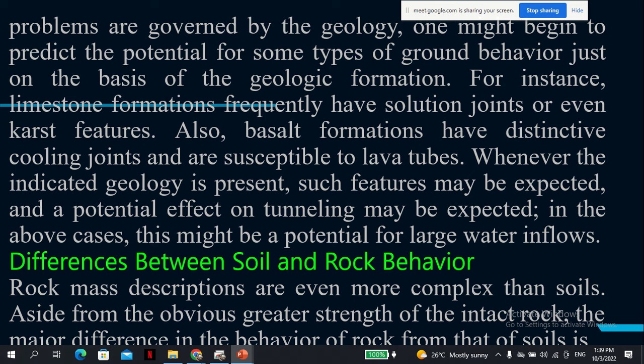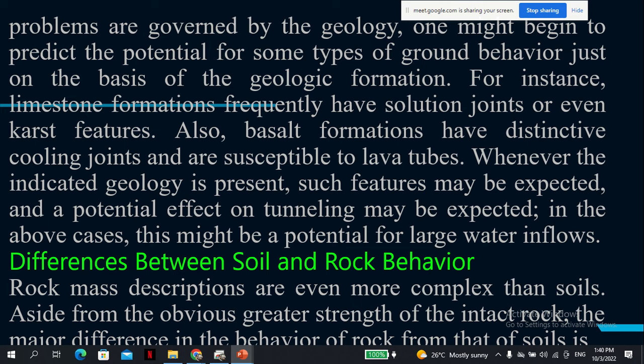So, differences between soil and rock behavior. I know you have learned soil mechanics as well. We might use the same principles, but the behavior of rock and soil are totally different. So you need to be very careful. In fact, you need to be careful with soil, and in rock you even need to be more careful because the behavior is different. Rock mass descriptions are even more complex than soils.